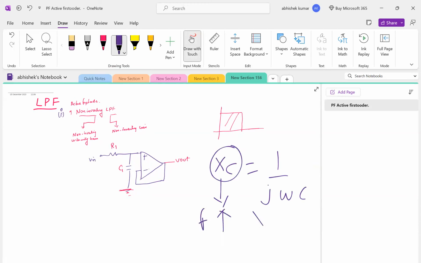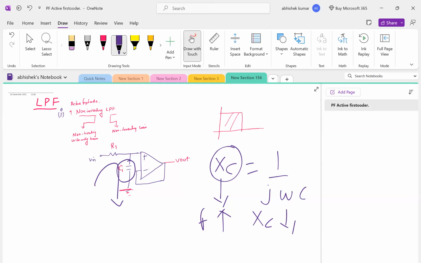Right. So if your frequency is high, then your reactance value is very low. It means that this path will allow current to pass, right or wrong? Right. So for high frequency, the current passes only through the capacitor. It does not go inside the op amp.